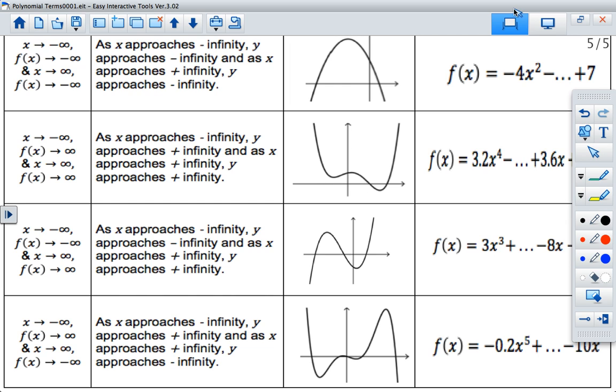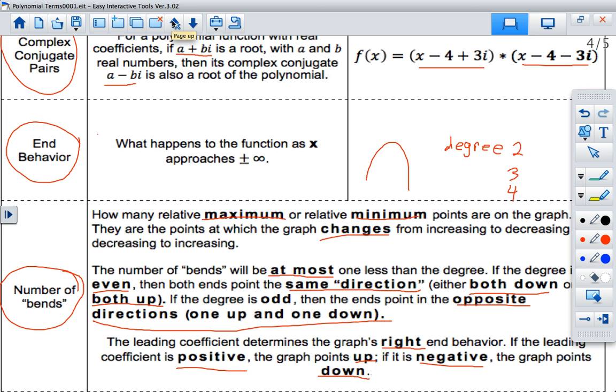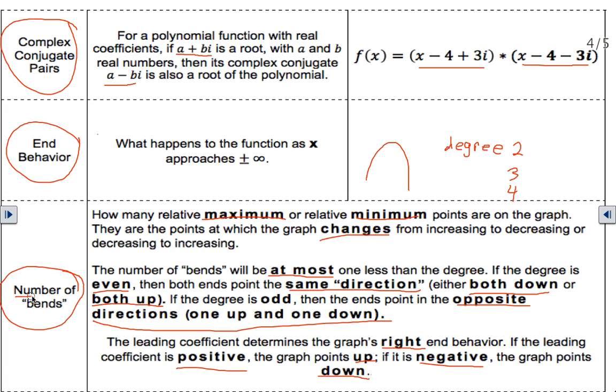All your other terms, go ahead and cut them along the dotted lines and put them in whatever section the first letter is. So number of bends, I don't know if you will remember if you put it in N or B for bends.